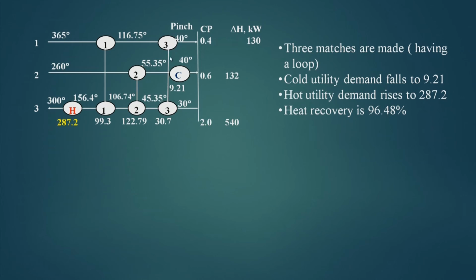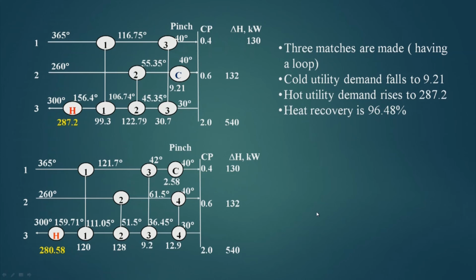Now, we take 3 matches, the same problem is solved by 3 matches 1, 2 and 3, and here I have used a cooler and here there is a heater. We see that the hot utility requirement has considerably decreased and cold utility requirement has considerably decreased because we have used 3 matches.